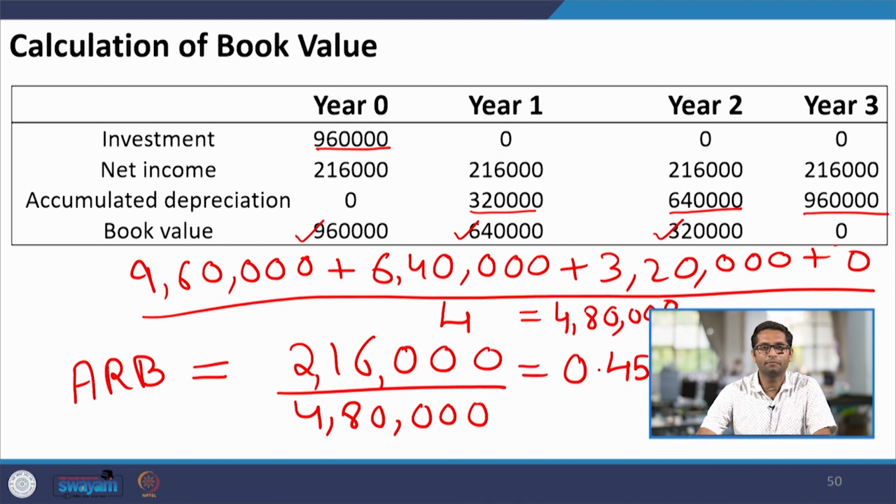Again, as you would have understood, there are a few disadvantages of this particular methodology. One is that it doesn't take into account the time value of money. So, an income in the year 0 is equivalent to the income in the year 3. So, there is no time equivalence of the different payments that are taking place. Further, this also depends upon the experience of the accounting firm with the different kinds of investments.